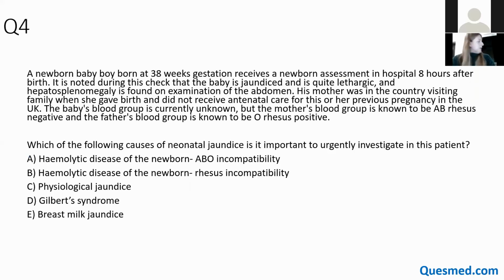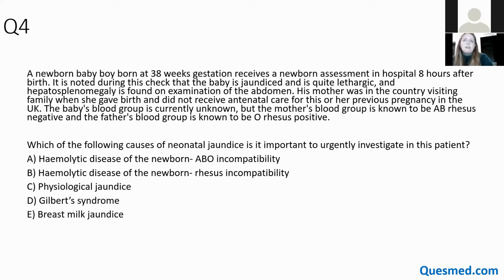Okay, moving on to question number 4. A newborn baby boy born at 38 weeks gestation receives a newborn assessment in hospital 8 hours after birth. It's noted during this check that the baby is jaundiced and quite lethargic, and hepatosplenomegaly is found on examination of the abdomen.